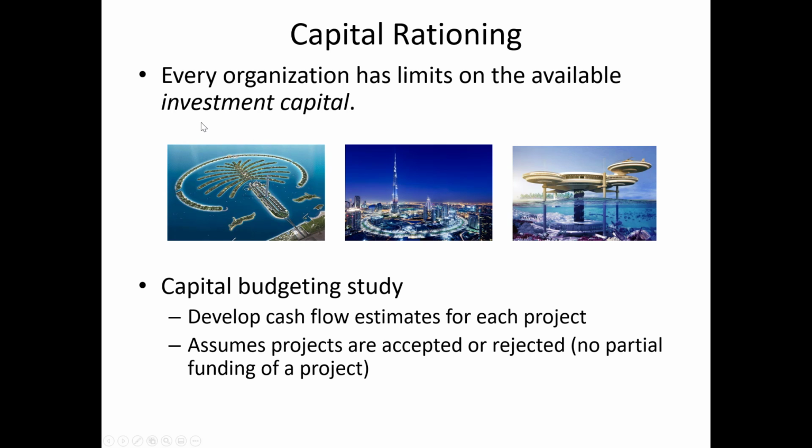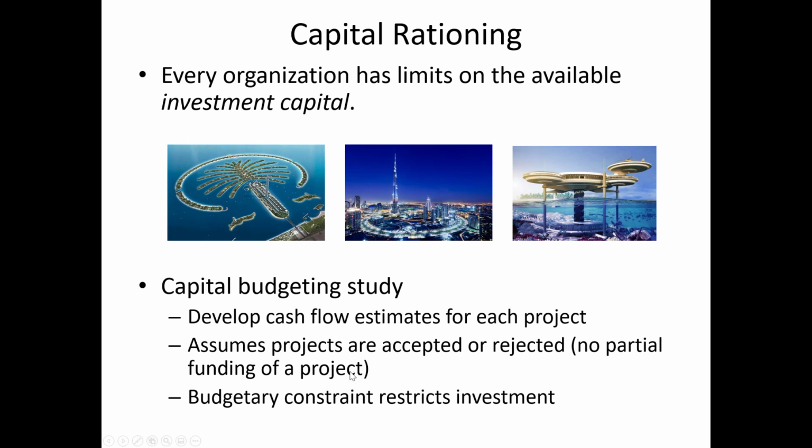So for instance, if this offshore island looked like it was going to be too expensive, then it would just be an outright no, and not simply that you're going to build only half of the island or half of the skyscraper. There are cases when we get a little bit more sophisticated with this analysis where we can have partial funding of a project, but in the in-class exercise for today and the homework assignment, it's either just a binary yes for the project or no for the project.